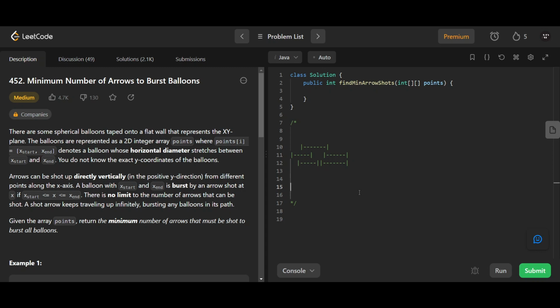Essentially, we have to find the intersecting points, right? And that I can find by sorting the array initially based on their start.